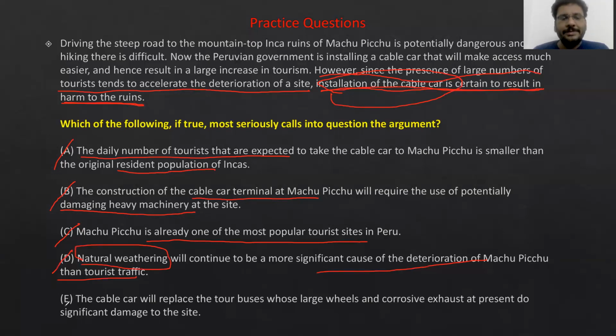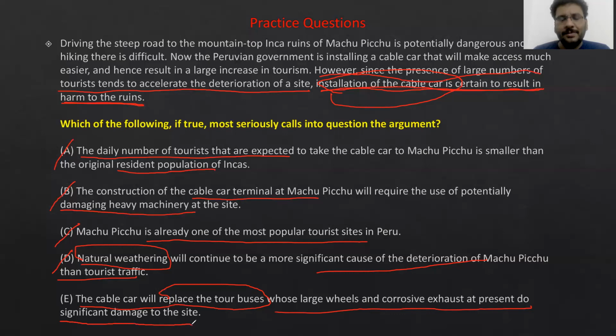Now, let's look at E. The cable car will replace the tour buses whose large wheels and corrosive exhaust at present do significant damage to the site. Now, what does this say? Option E says that the cable car is actually replacing the tour buses, right? And what do we know about tour buses? Their large wheels and corrosive exhausts at present do significant damage to the site.